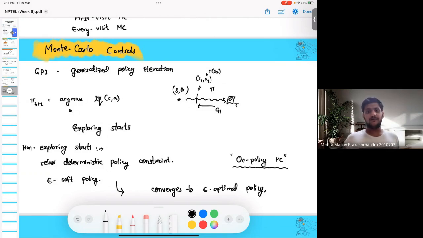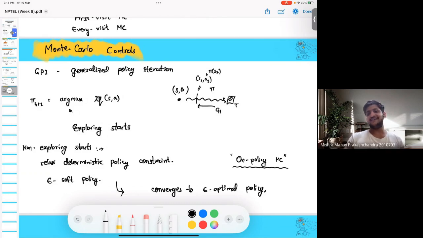The reason we call it on policy is that in any trajectory sampling that I'm doing, I am behaving epsilon greedily, and the updates that I'm doing are also on that same trajectory.